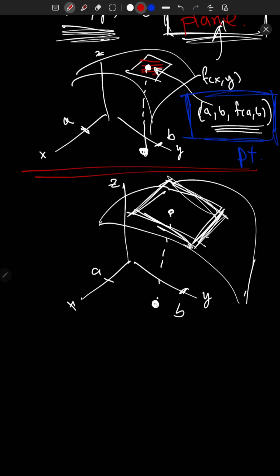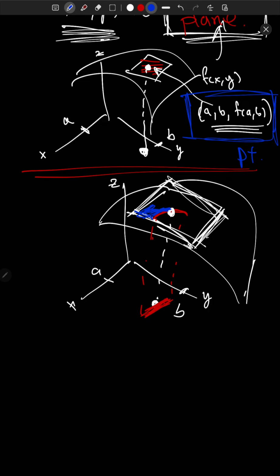If I travel along the x direction, up here, I'm going to get a curve just above this line segment, passing through the point a, b, f of a comma b. If I figure out the tangent direction of this curve, let me use blue, something like that, that's going to be on the plane.